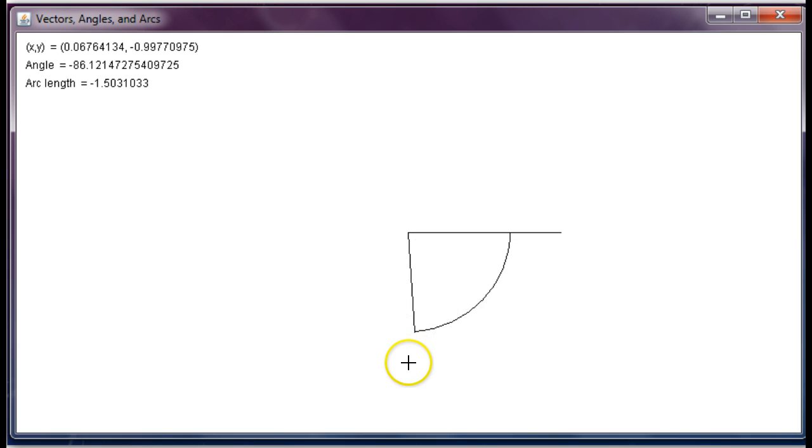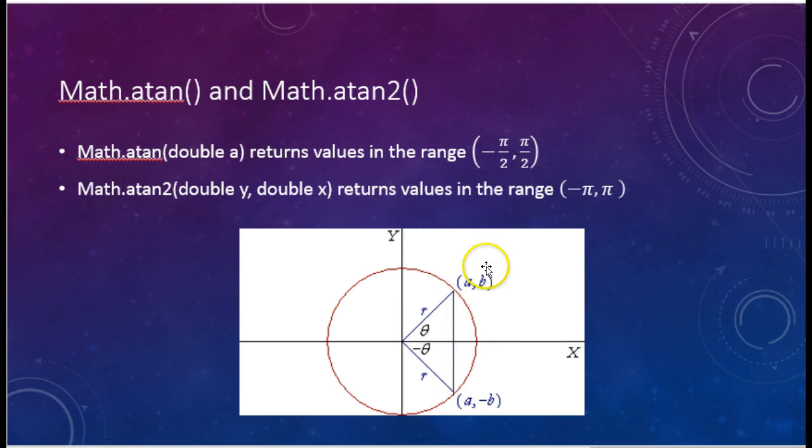If I go down here, the closer I get to minus 90 degrees, that's kind of close. So this arc length is about half of pi, but it's in a negative direction, so we say negative, right? So atan can give you numbers in this range.